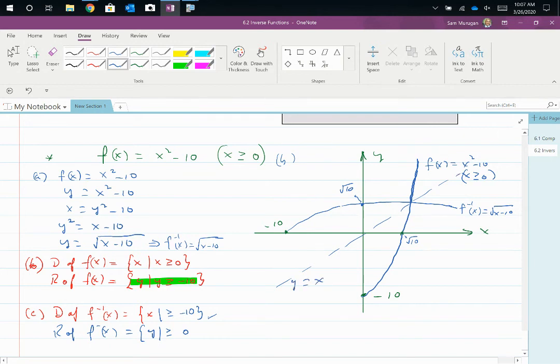Y is equal to x goes through the middle. This graph is probably a little more difficult to see if you were to graph it with the calculator, because the calculator is going to attempt to put in the full graph for x squared minus 10.